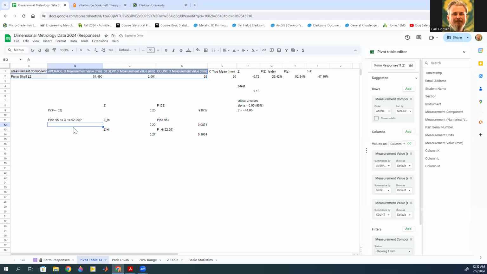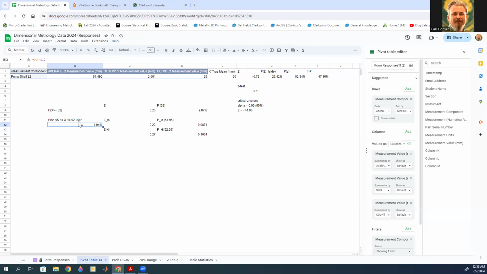And so the probability that the measurement is between those two values is just the difference between these. So we have equals this minus this.